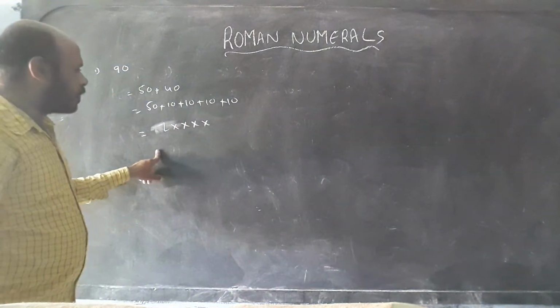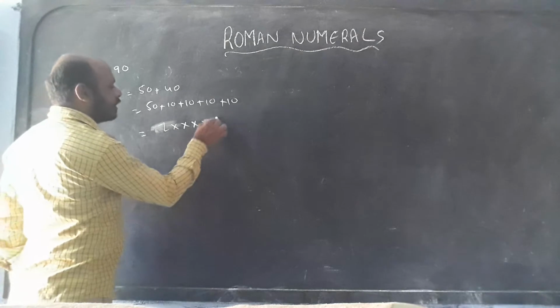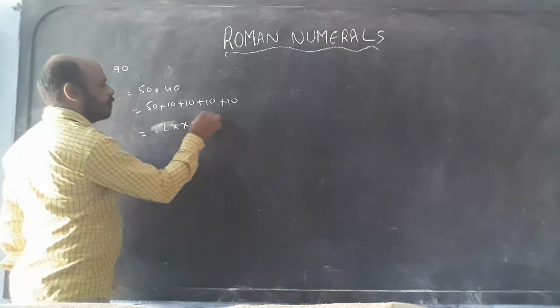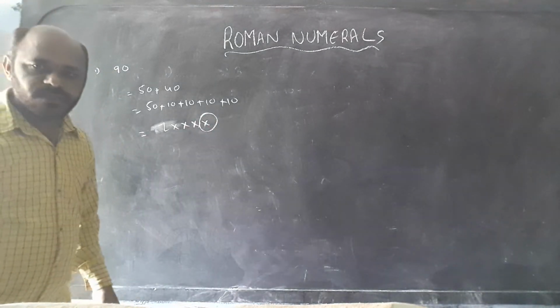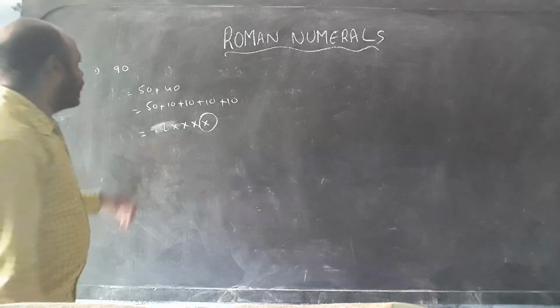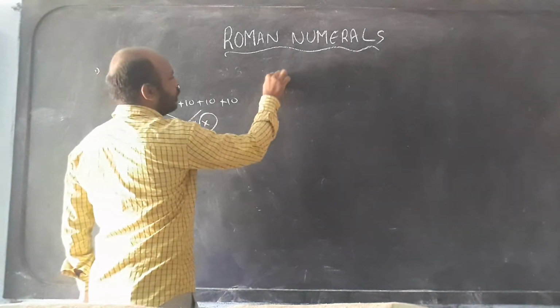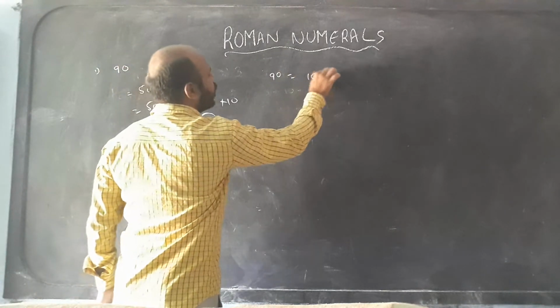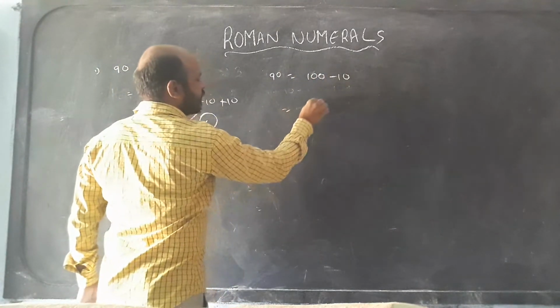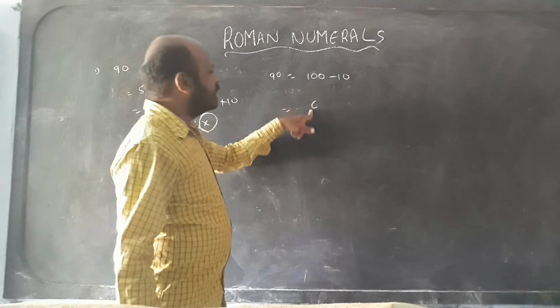According to the fourth Roman property, X we can't repeat more than 3 times. This is wrong. So how to write 90 again? 100 minus 10. 100 is equal to C.